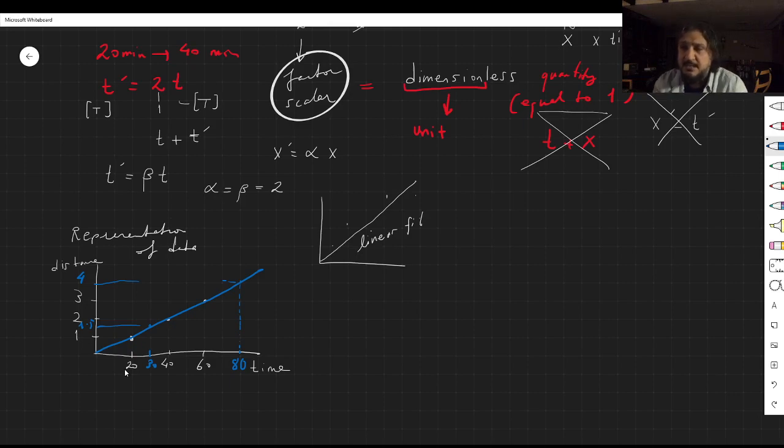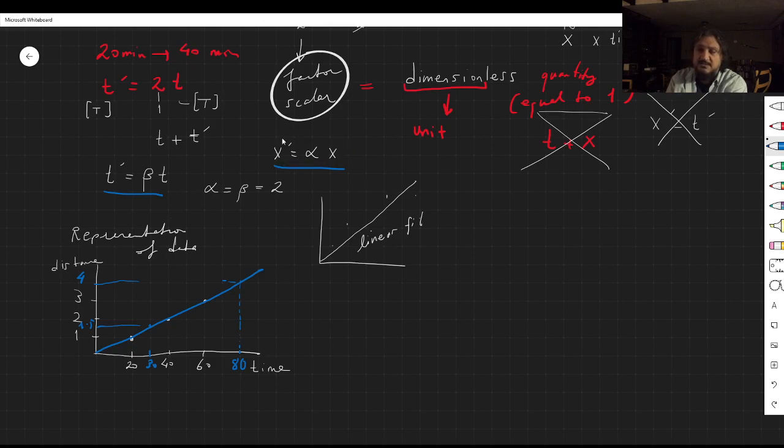Okay, so that's the graphical representation, and there are other things you can do with this graph. But before that, let's go back to these two equations that I just wrote here, for t prime and x prime. Now, that is two numbers being multiplied, giving me another number.